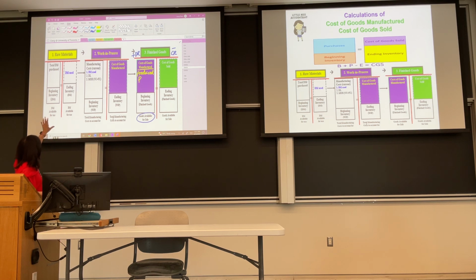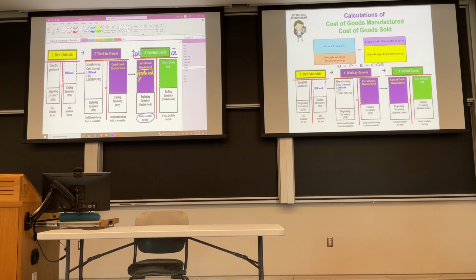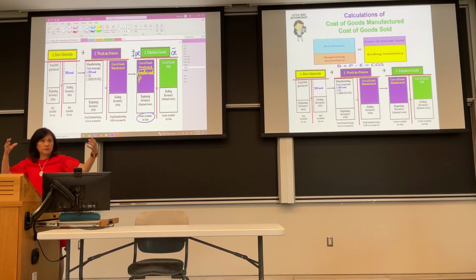Now the first stage is raw material. How much material do you have? Beginning inventory, you add additional purchase. This is all the material available for use in production. Not for sale, you're not buying for sale. You buy for use. So it's called direct material available for use. Sometimes direct material and indirect material may be put together, but some companies may split the two.